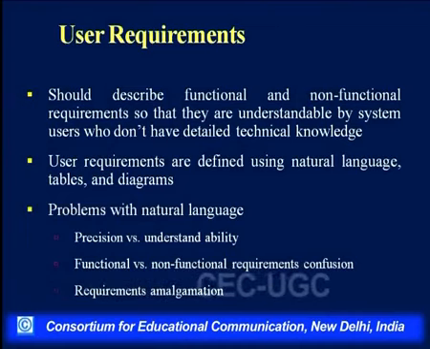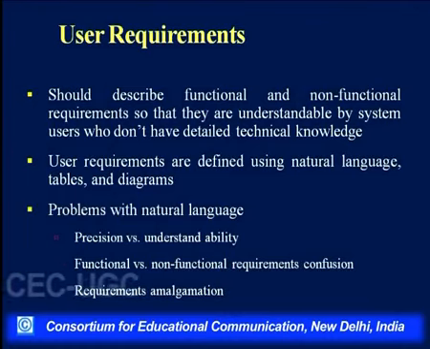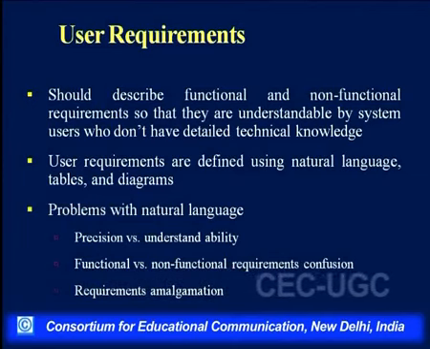Again, we've talked about the problems when we are doing this. There will be a problem of predictability, there will be functional and non-functional confusions, and there will be a blending of requirements, what we call requirement amalgamation. When the users are non-technical, their requirements have to be understood, so it is very important that we use a form-based approach.